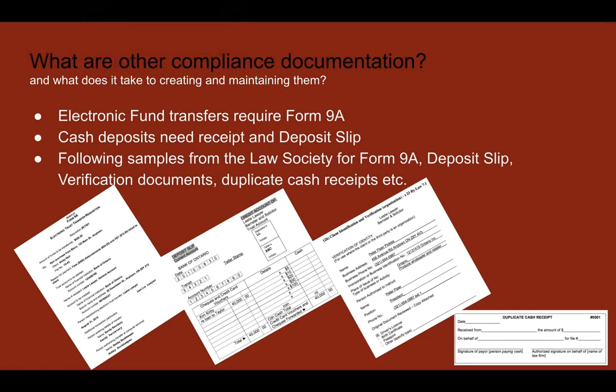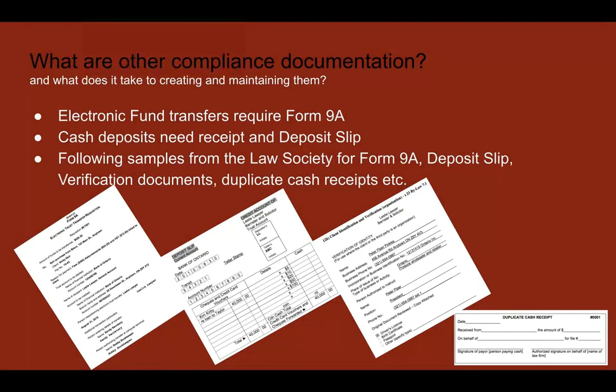Now, if you're someone who doesn't do trust transfers electronically, you do it through check, or you walk into the bank and ask them to transfer, those are bank teller transactions. Nobody does that these days, at least not many of them do the trust transfers that way. They're all done online. Mostly if you're electronically doing these transactions, then please make sure to download a Form 9A and present it in that particular file.